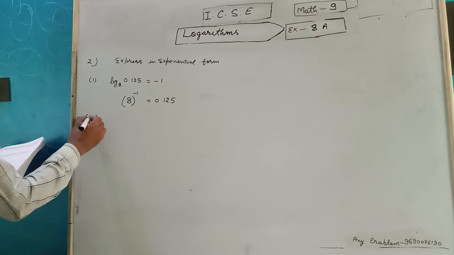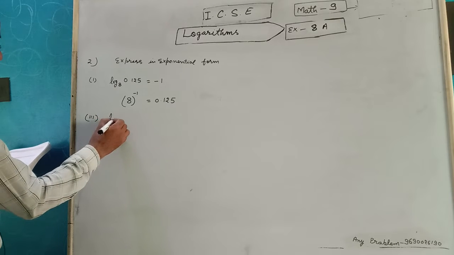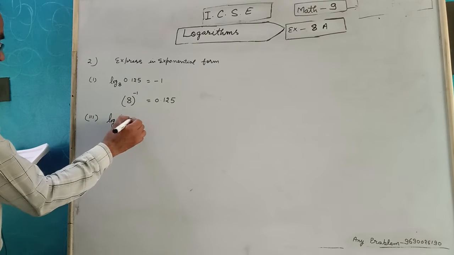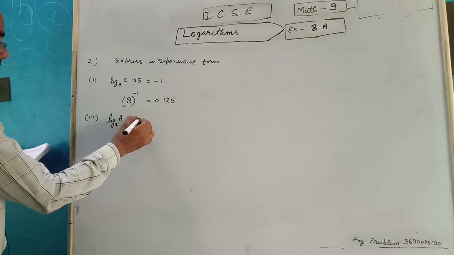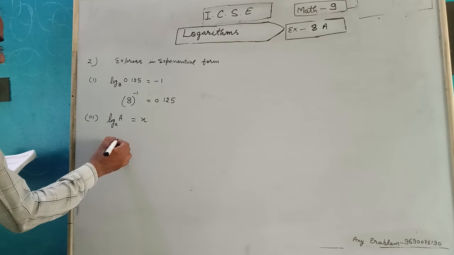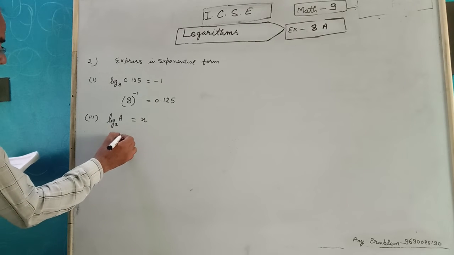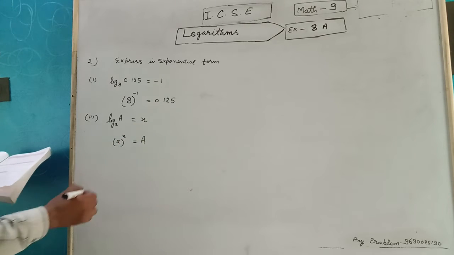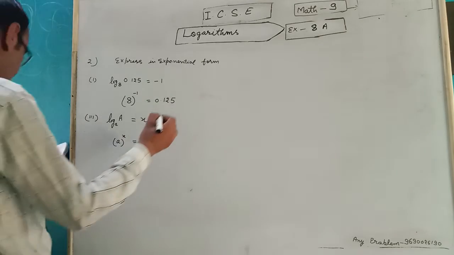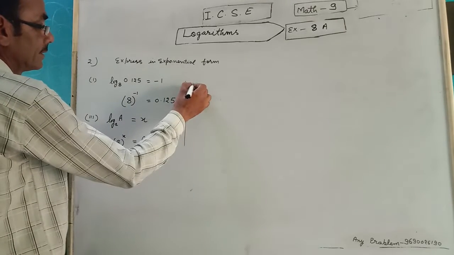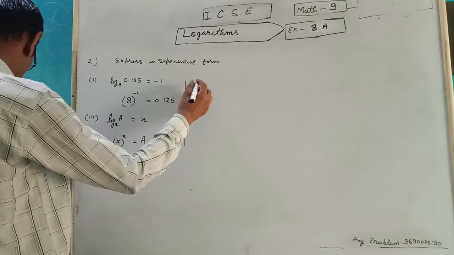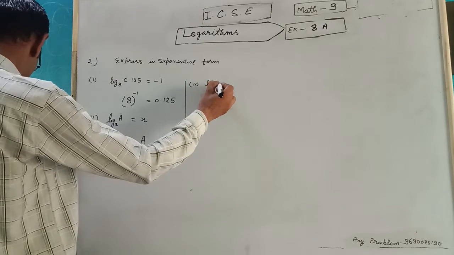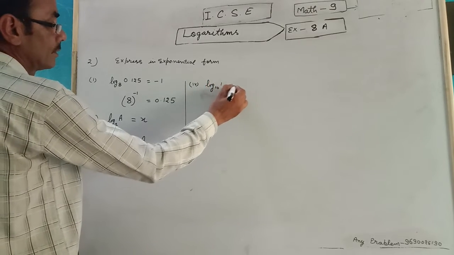Third part is log a base capital A is equal to x. So you write the small a as power x is equal to capital A. Fourth part is log 10, 1 is equal to 0.